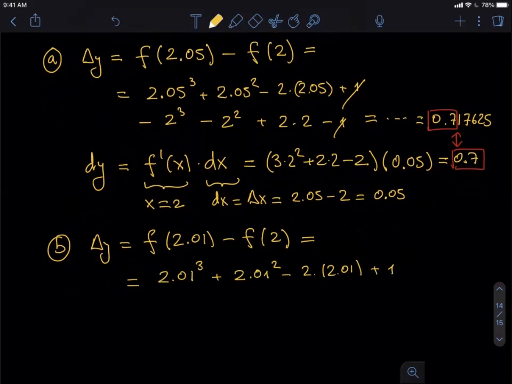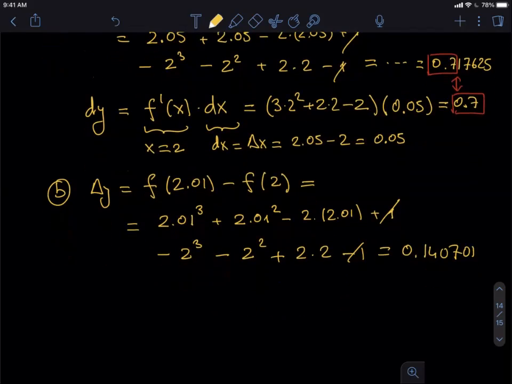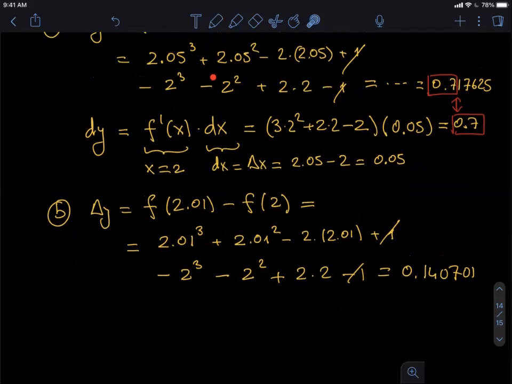There is very little that we can recycle. We have to repeat the computation several times. In this case, what I got was 0.140701. So here we have to do lots of computations, and if we have to repeat the computation 2 times, it's a pain, but if we have to repeat it 100 times or 100 different measurements, it's really unbearable.